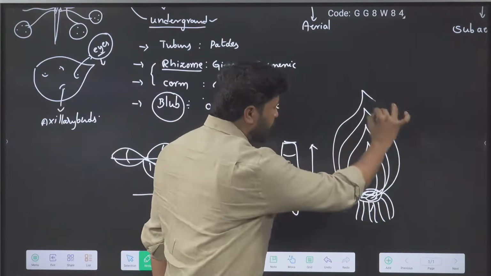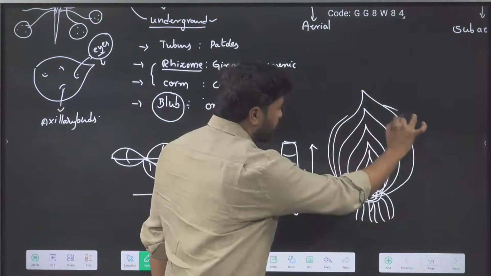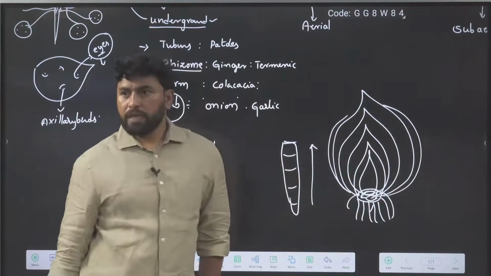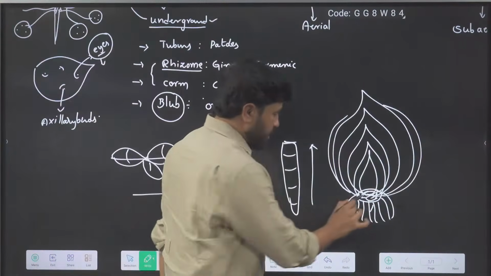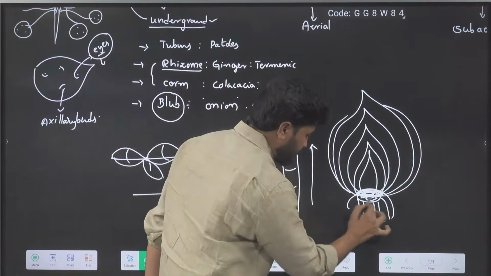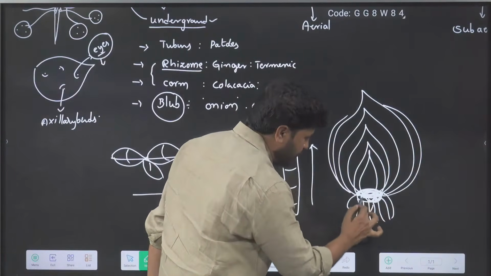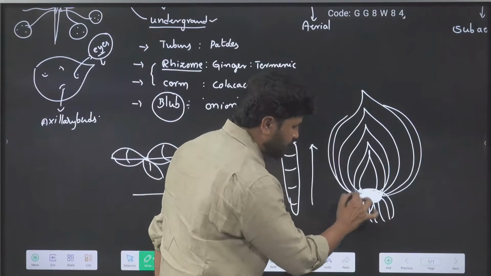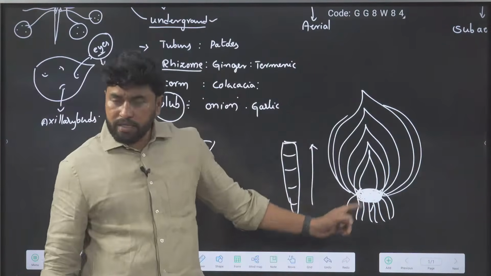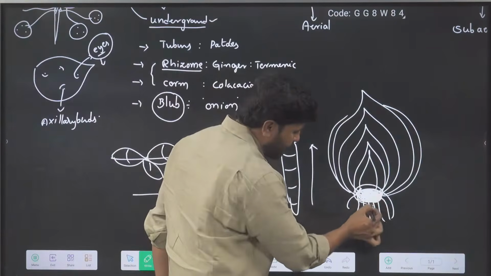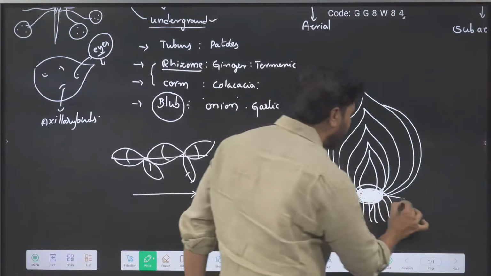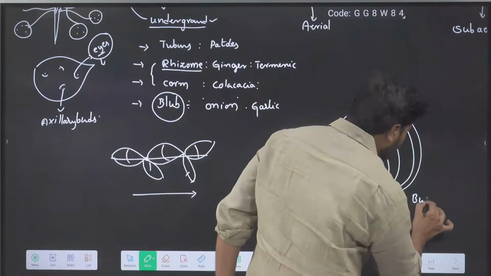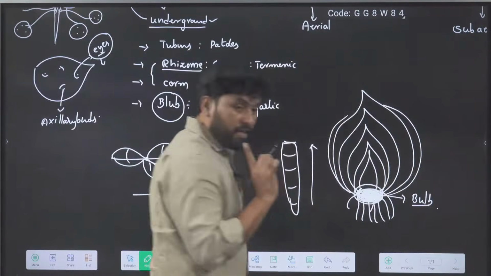These leafy bases are able to store food. Getting the statement? Remember, a bulb is nothing but an underground concised stem. This is the only part we will consider as the bulb. This bulb cannot store food.